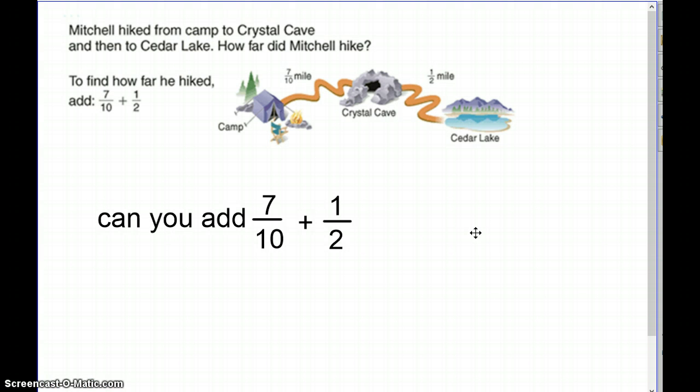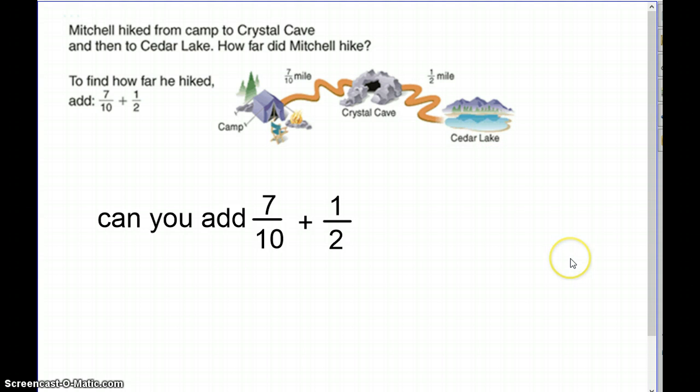So here's an example of a story problem where we're going to be adding fractions with unlike denominators. It says, Mitchell hiked from camp to Crystal Cave and then to Cedar Lake. How far did Mitchell hike? So we see that he starts at camp. He hikes 7/10 of a mile to Crystal Cave and then half a mile to Cedar Lake.